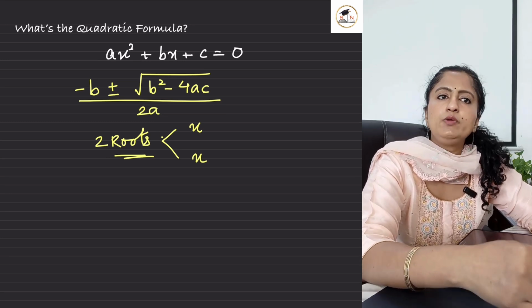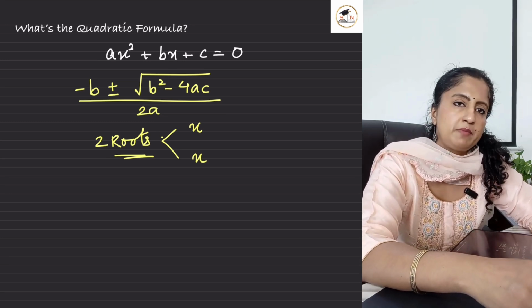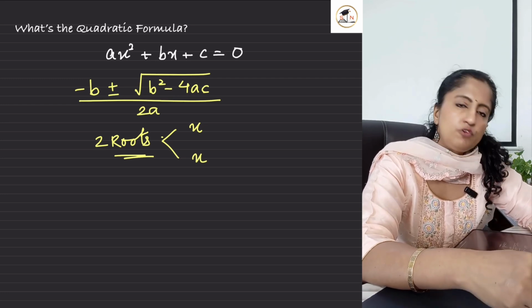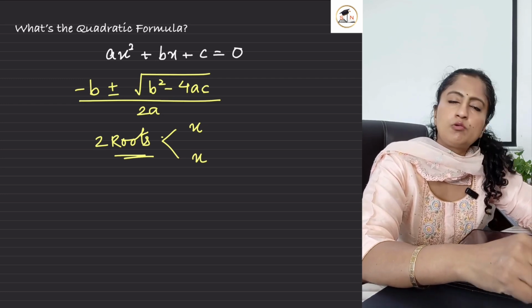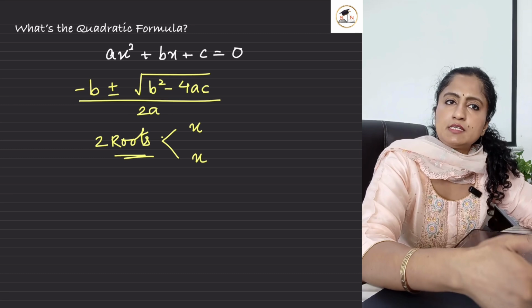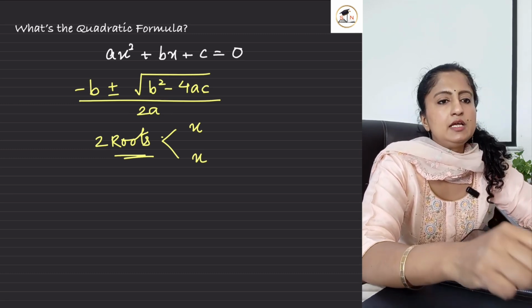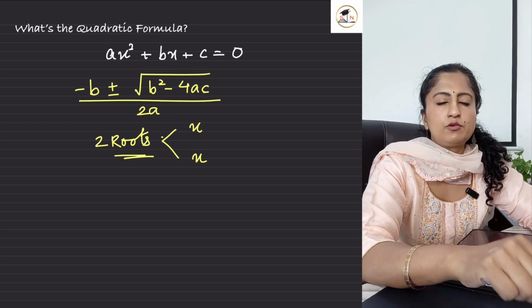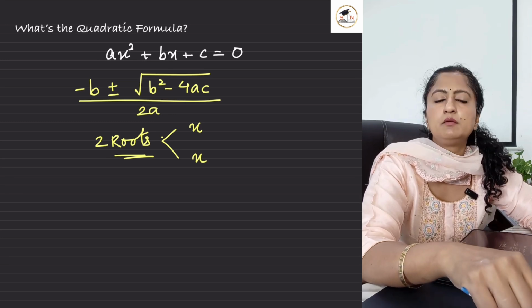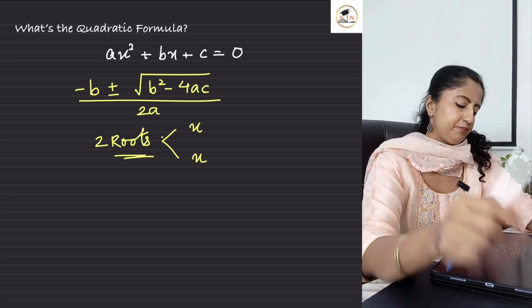Over here also we can find the values of x by splitting. Even when we find them using the quadratic formula, it doesn't make any difference whether you call them zeros or roots. But when we are doing questions on quadratics, you will always find the term mentioned as roots.